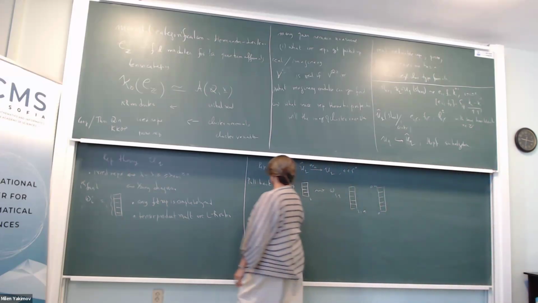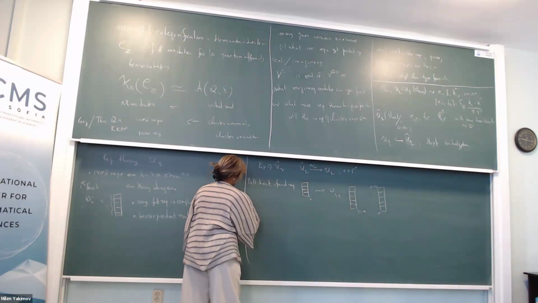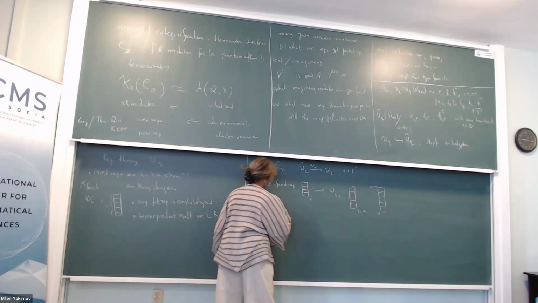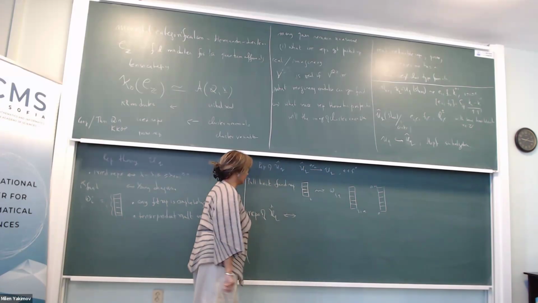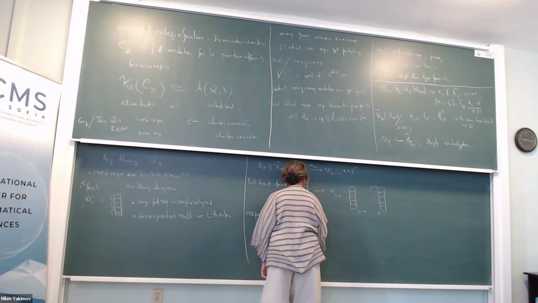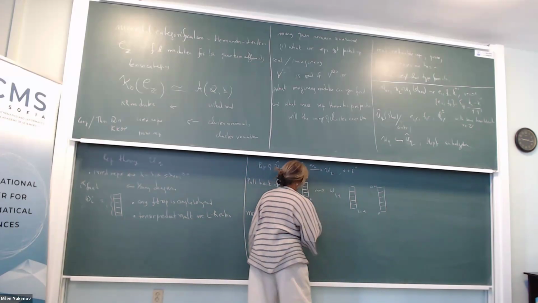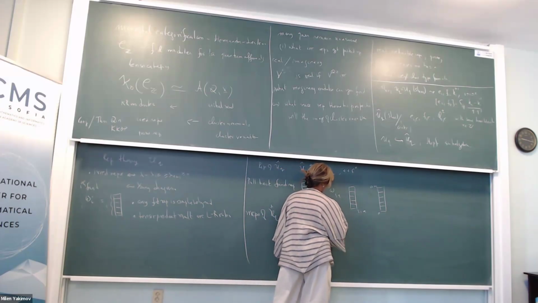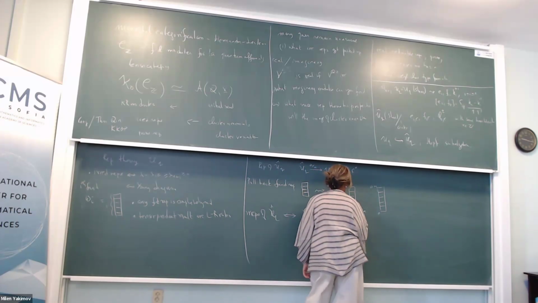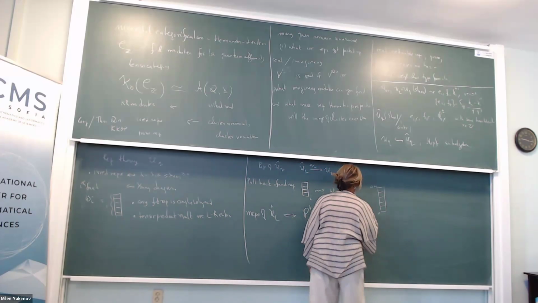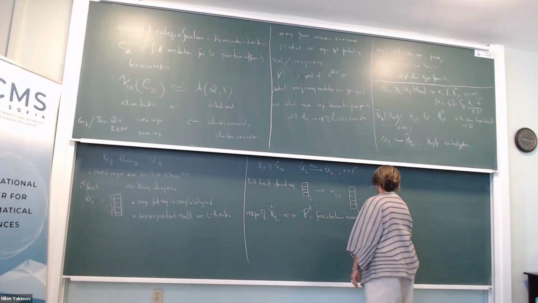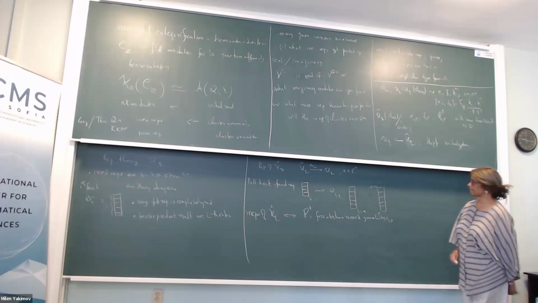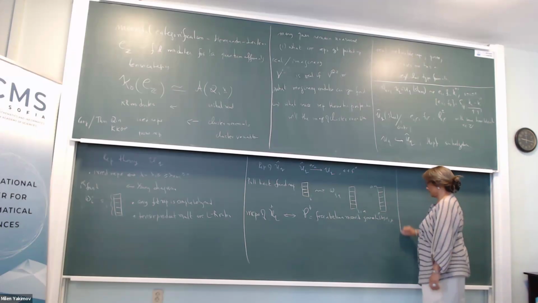And then the irreducible representations of U_q hat, so this is all resolved, are in bijective correspondence with the free abelian monoid generated by these ω_{i,a}.